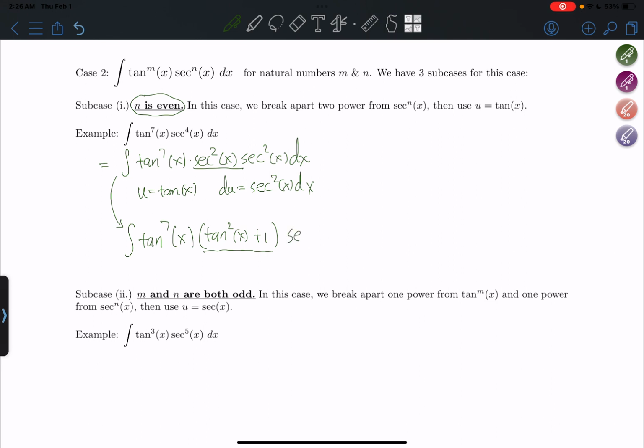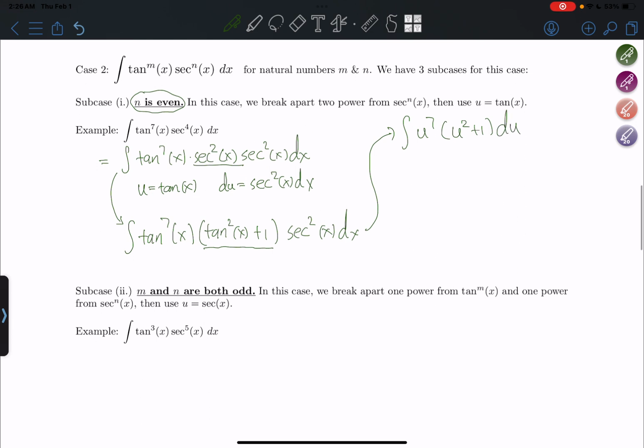And then the rest, copy and paste, secant squared x dx. And now I'm ready to hit it with my substitution. I have the integral. Tangent is u, so just u to the 7th power times u squared plus 1, and then secant squared x dx is just du.